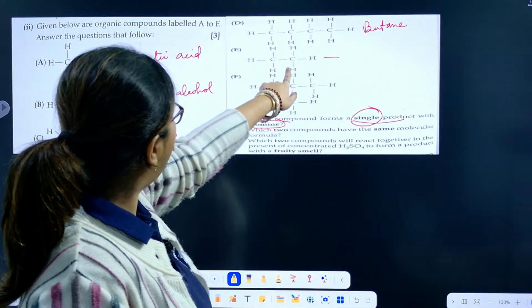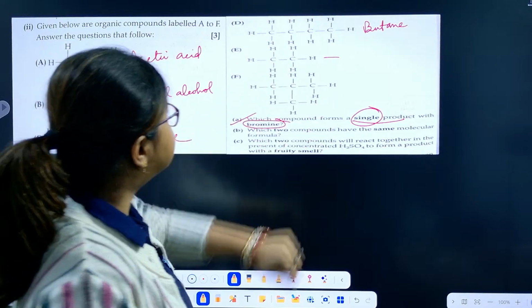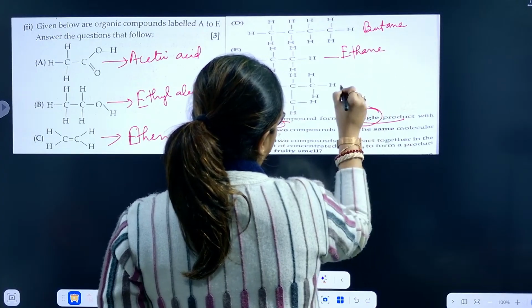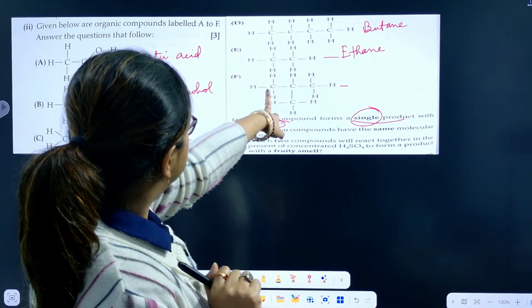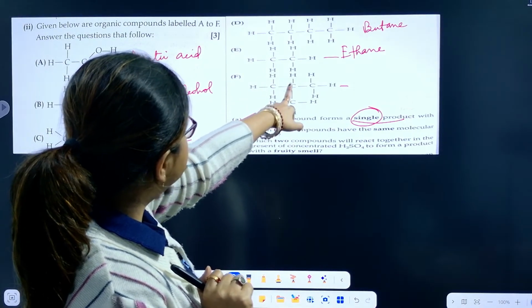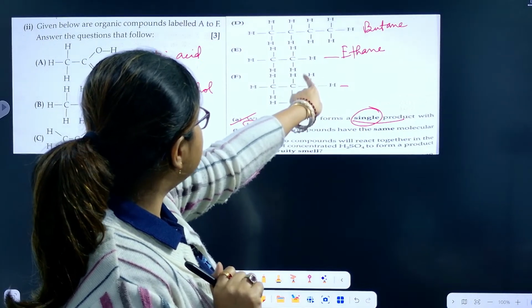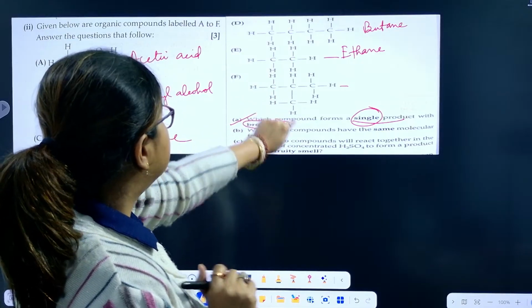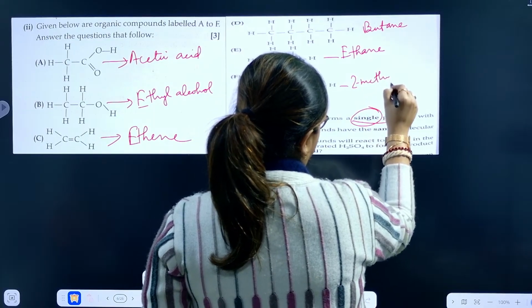This is C2H6, ethane. And this is CH3, CH, you have CH3 substitution here and CH3. That means this is 2-methyl propane.